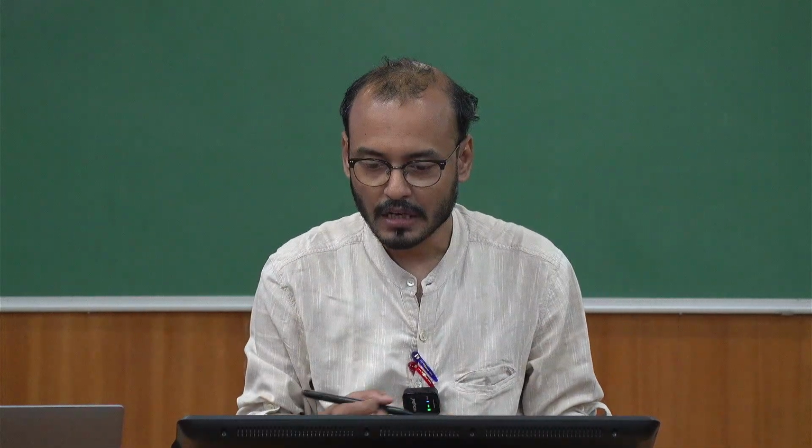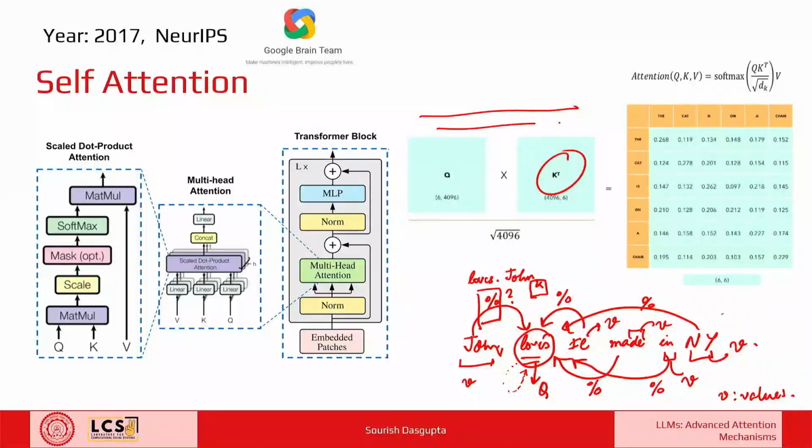My representative is going to go beside you, and then we will figure out to what extent you are similar to my representative. That's the philosophy, and that's this key. And then you do this similarity computation. If you want to look at the dot product as a multiplication, you take the transpose.